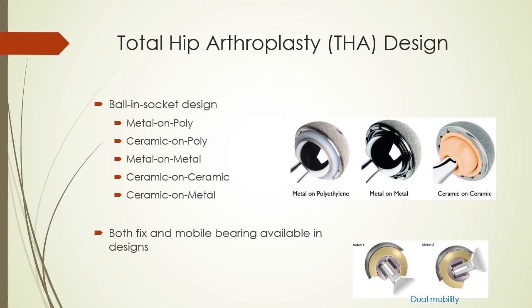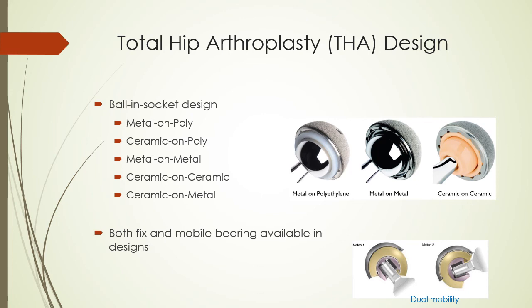And to talk about bearing surface materials, there are a number of bearing surface material pairs actually. The most popular ones right now are probably metal on poly and ceramic on poly. The other ones have their own pros and cons.